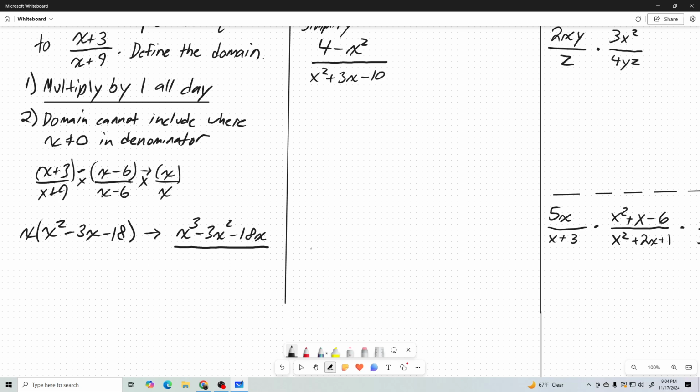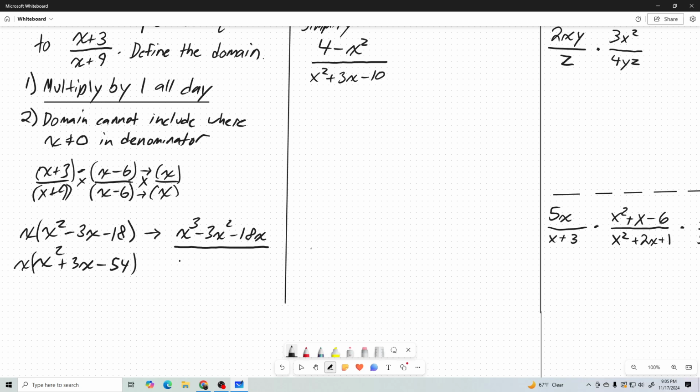over, well, let's do this one. So we have x plus 9 times x minus 6. It's going to give us x squared. We're going to have a 9x and a minus 6x, so that would be plus 3x. And then we're going to have 9 times negative 6, which is negative 54. When we multiply by x, we just distribute the x across, because now we're multiplying by this third piece.